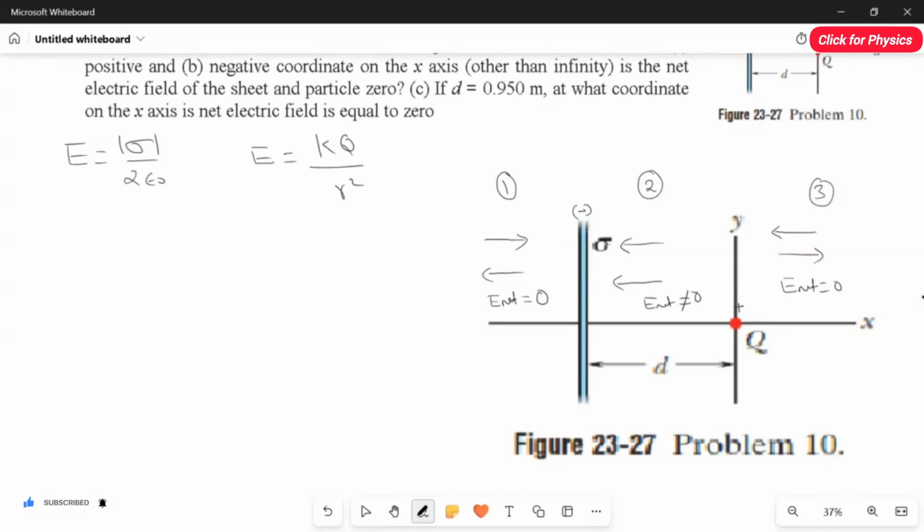The left hand sides of these equations are the same, so we can equate the right hand sides. So sigma over 2 epsilon naught is equal to k q over r square. Now I am going to rearrange this equation in terms of r square. Therefore, r square is equal to k q 2 epsilon naught over sigma.